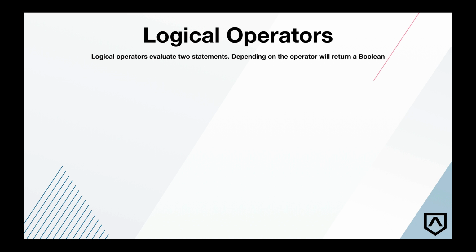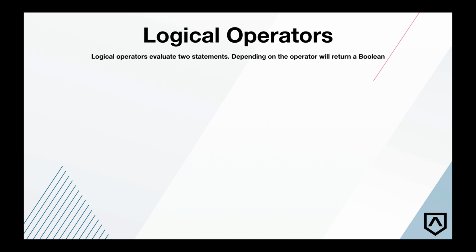So in the last lesson we talked about comparison operators: greater than, less than, is equal to, is not equal to. This lesson we're going to talk about logical operators. Logical operators are a little bit different, where comparison operators return a true or a false while comparing two items. A logical operator is going to compare a true and a false and return something based on that.